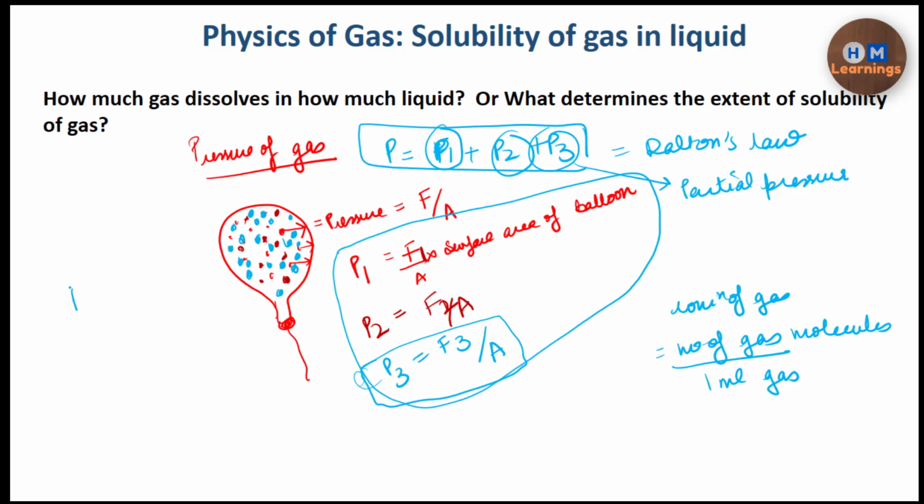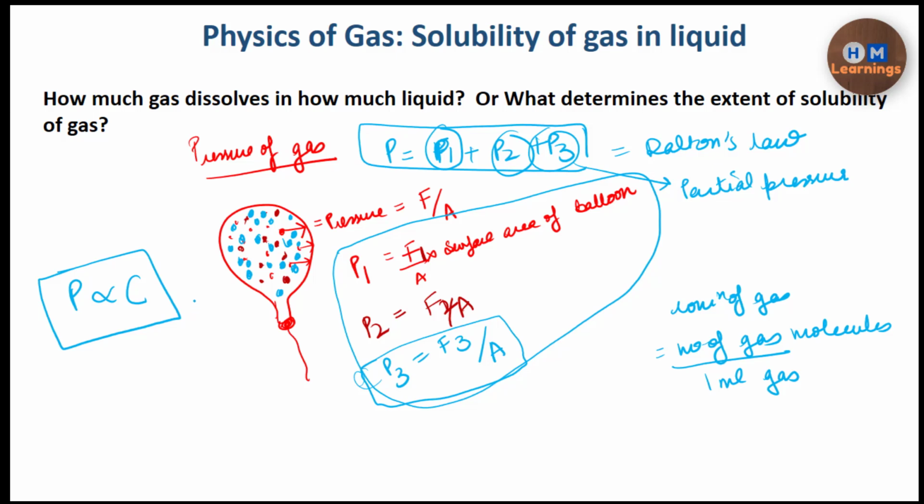That means the partial pressure of a gas is directly proportional to the concentration of the gas, provided volume and temperature are constant. This is called the ideal gas law. I will again repeat that concentration of gas means the number of gas molecules per unit ml of gas.